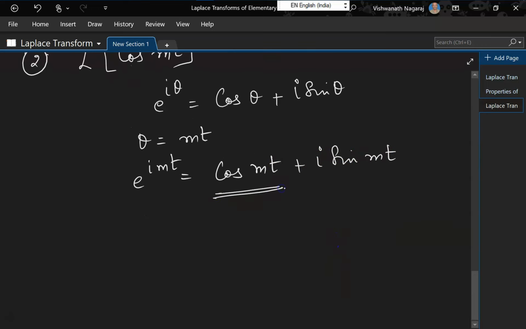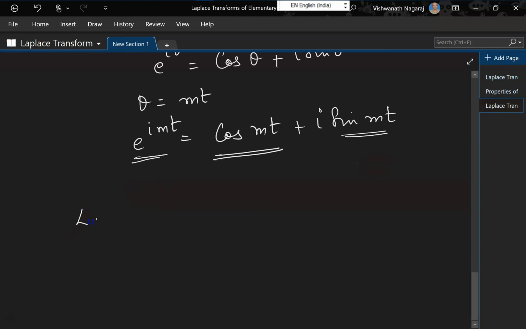So we are getting cos mt as the real part of this function, and sin mt as the imaginary part. Now let's proceed. Instead of focusing on cos or sine, we will focus on this.